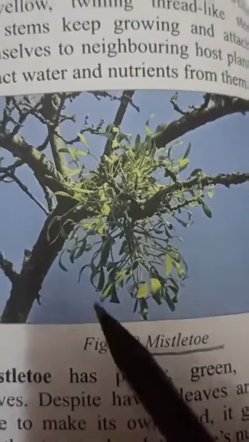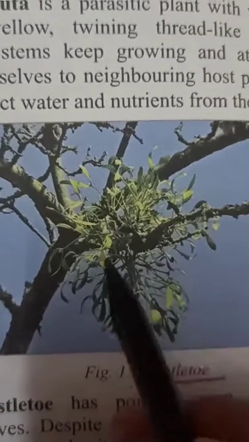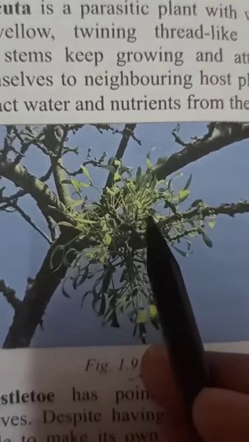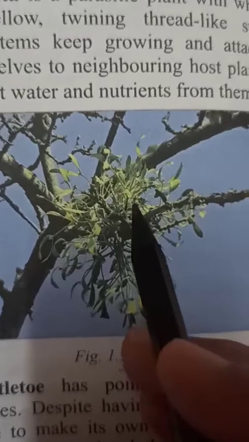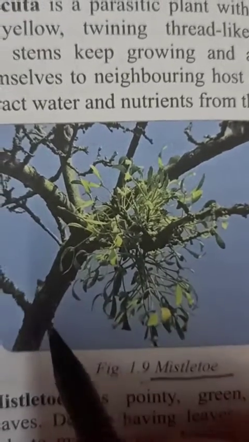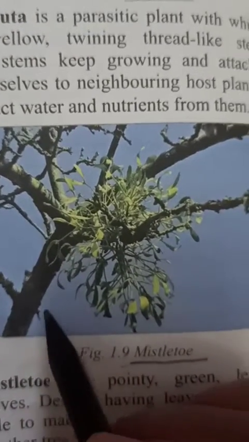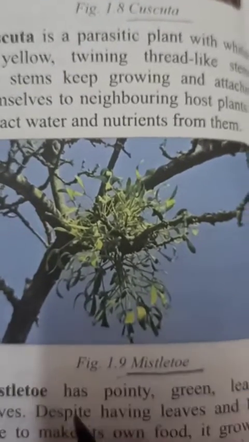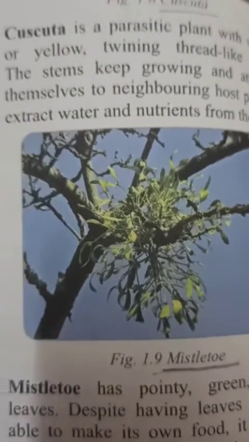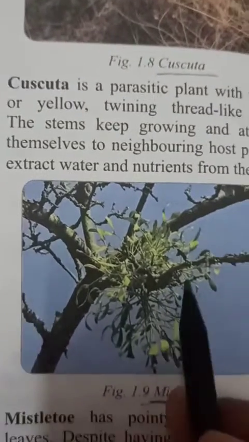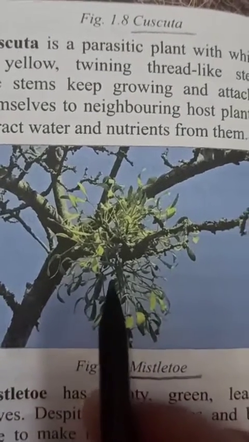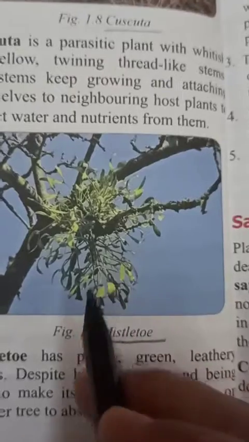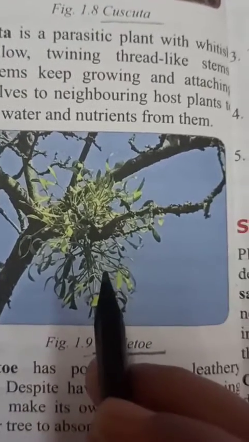As it grows on the trees, it flourishes and draws the nutrition from the host plant, and the host plant slowly dries up. Understood?